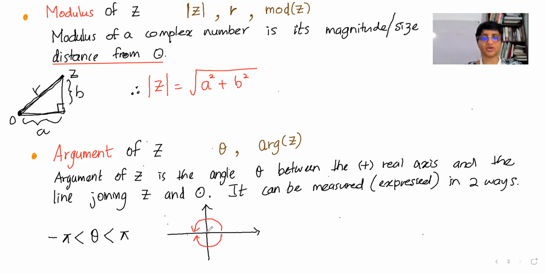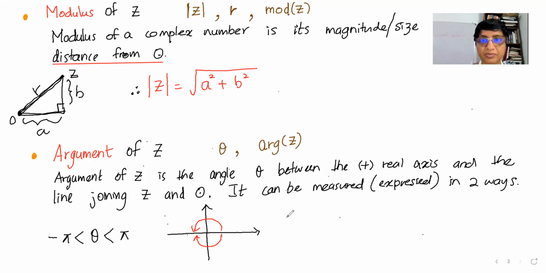Anyway you're covering the whole circle, 360. You give it as a positive angle going this way, or as a negative angle going that way. You start measuring from the positive real axis. Your start is here. So that's one way, giving it in this range. You go positive up to 180 and negative up to negative 180.